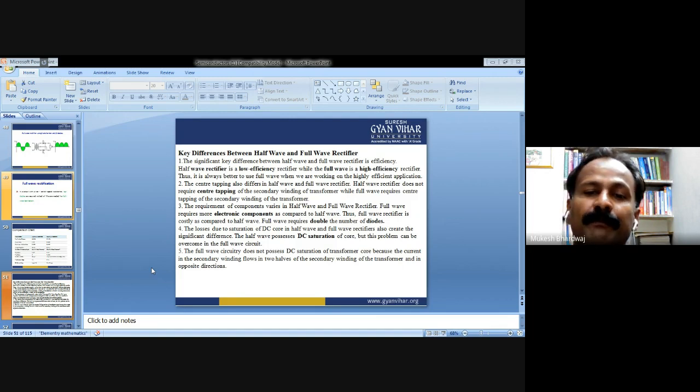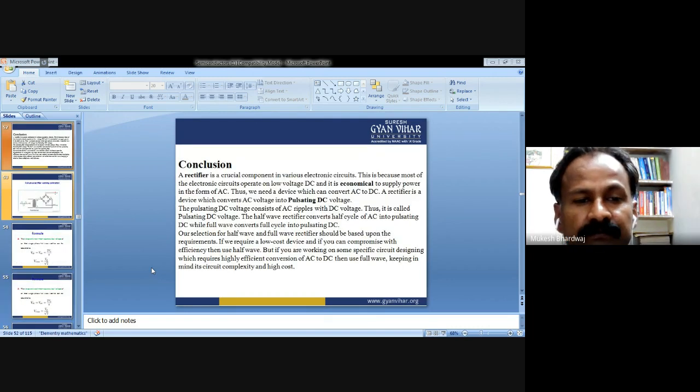The half wave possesses DC saturation of core, but this problem can be overcome in the full wave circuit. The full wave circuitry does not possess DC saturation of transformer core because the current in the secondary winding flows in two halves of the secondary winding of the transformer and in the opposite direction.